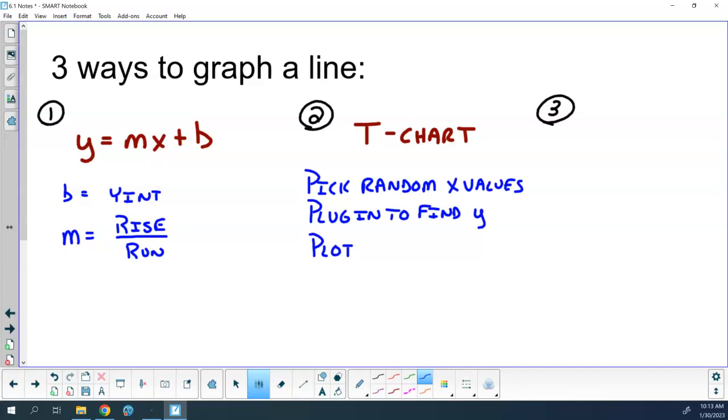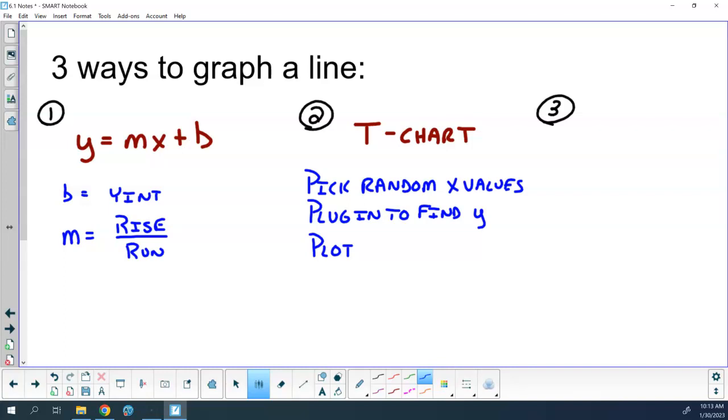You're going to pick some random x values. You're going to plug those in to your equation to find your corresponding y values, and then you're going to plot your points.